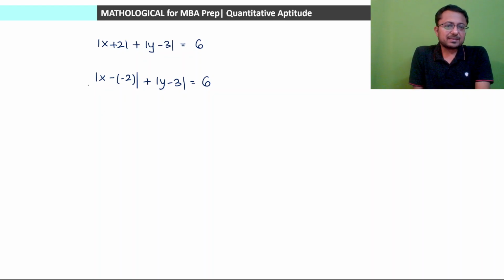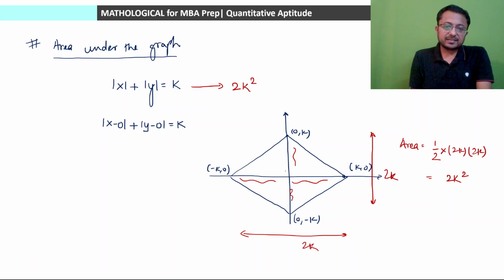So understand it like this. Compare this with the graph of mod of x minus 0 plus mod of y minus 0 equal to 6, or equal to k. So in the previous case, the center of the rhombus, the intersection point of the diagonals, was the origin 0, 0, because we were calculating distances of x and y from 0, 0. But what is happening in this case?